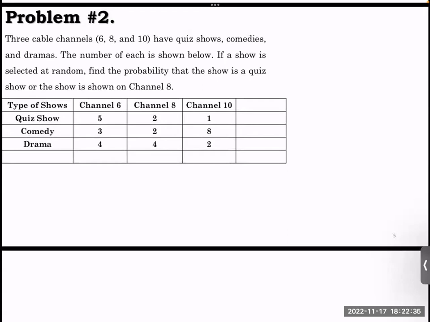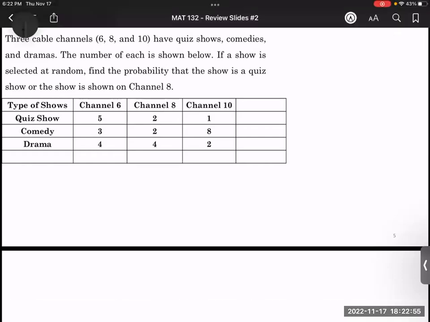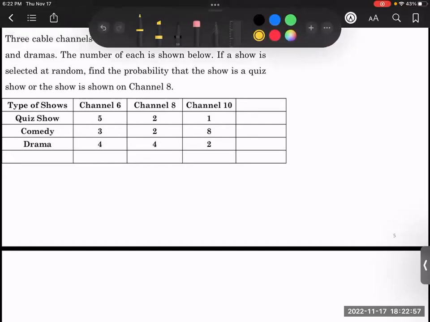Problem 2 says that there are 3 cable channels, 6, 8, and 10. Each of them has quiz shows, comedies, and dramas. So the number of each is shown below, okay? If a show is selected at random, find the probability that the show is a quiz show or the show is shown on channel 8.